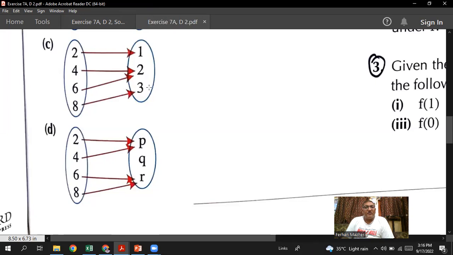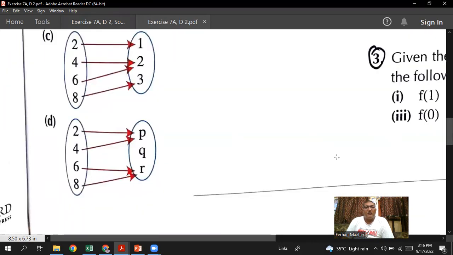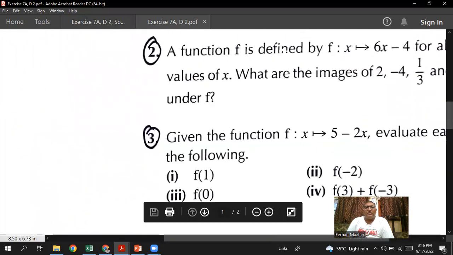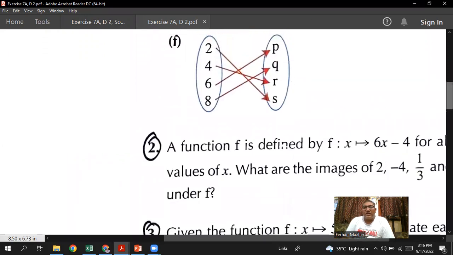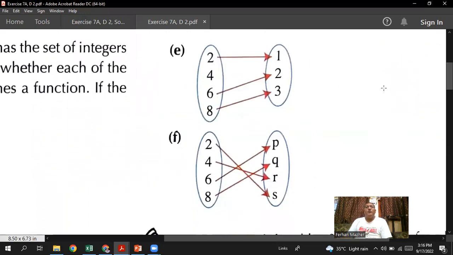Okay. Now we go to the E part of question number one. 2 has image 1, 4 has no image. So here it goes wrong.